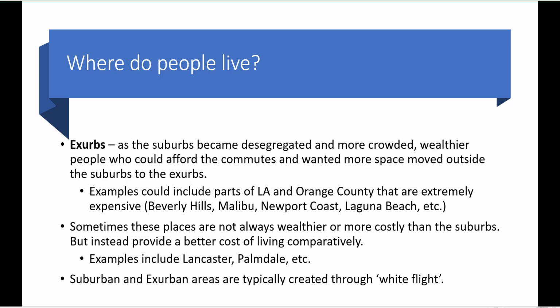Examples could include parts of LA and Orange County that are extremely expensive, things like Beverly Hills, Malibu, Newport Coast, Laguna Beach, etc. Sometimes these places are not just necessarily wealthier or more costly than the suburbs, but instead provide a better cost of living comparatively.